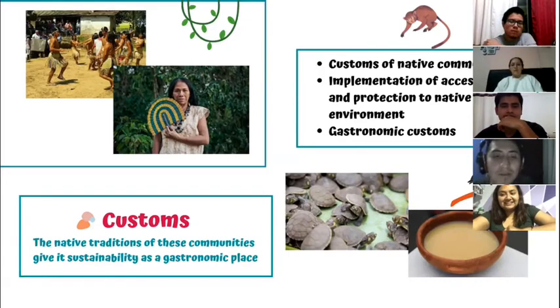These native communities take advantage of what their ecosystem gives, for example some gastronomic products like yuca, palometa fish, and taricaya eggs. In addition, our route is considered a sustainable proposal because the community makes itself known and receives income with the support of the local governments and the tourist centers.